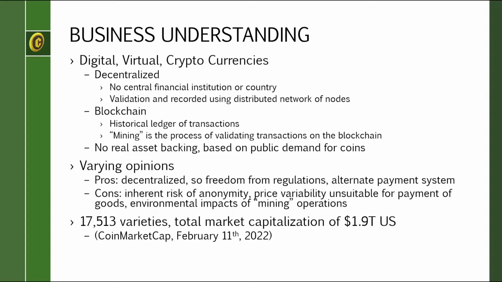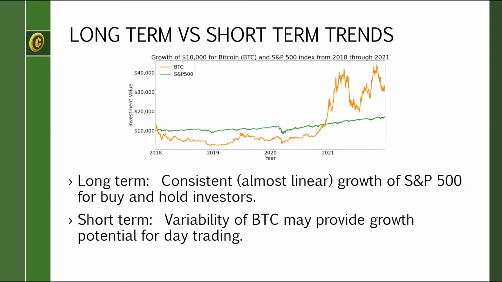This analysis isn't meant to address or argue either side, but to look at their potential for long-term or short-term financial opportunities. Based on this plot of growth of $10,000 for Bitcoin and an S&P 500 index from 2018 through 2021, you can see two types of movement. The S&P 500 in green shows a systematic growth trend that is almost linear.